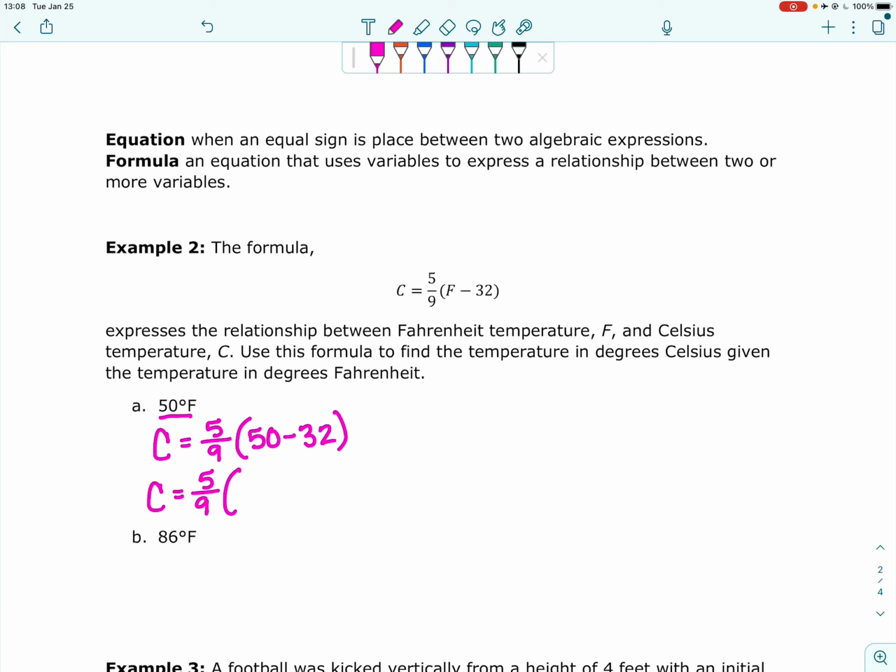But by doing it the way I did it, where I did 5 over 9, and then I hit enter in my calculator, and then I hit the times button, and then I did 18, that gave me exactly 10 from my calculator.